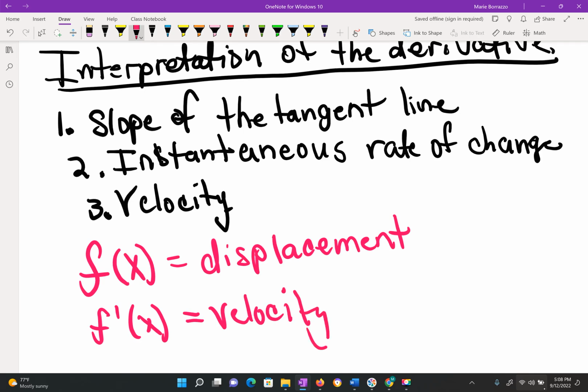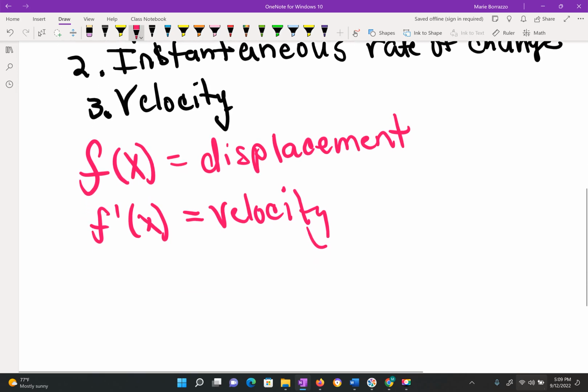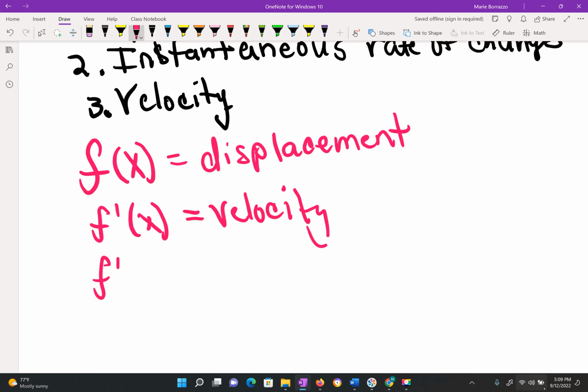So how fast is that object going at that particular time in x? And the second derivative is acceleration. If you can remember this, you've got half your battle fought. Displacement, velocity, acceleration.